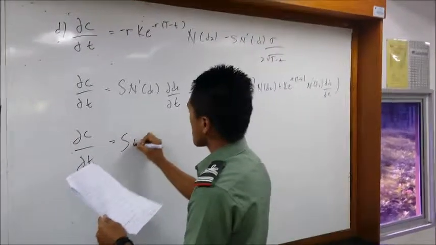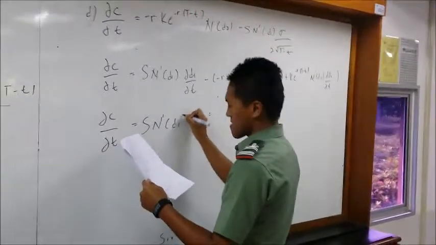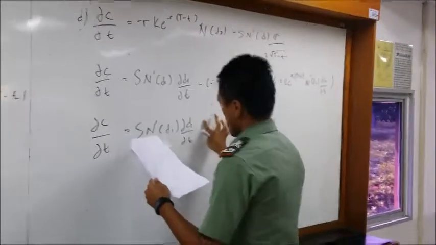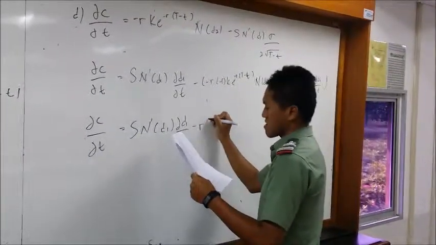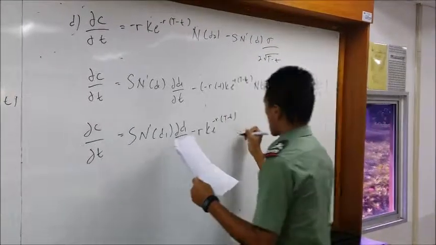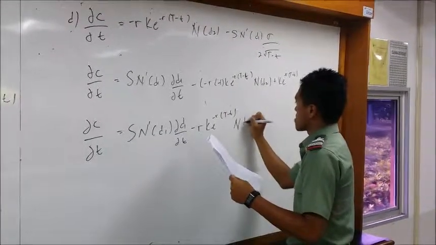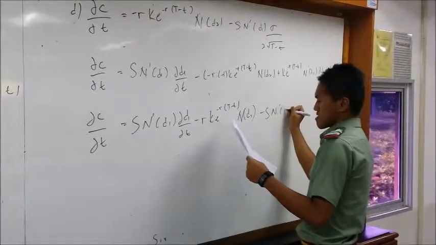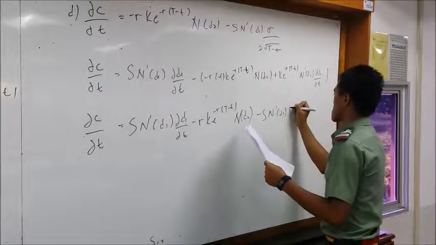So it will be S N′(d1) ∂d1/∂t minus r K e^(−r(T−t)) N(d2) minus S N′(d1) ∂d2/∂t.